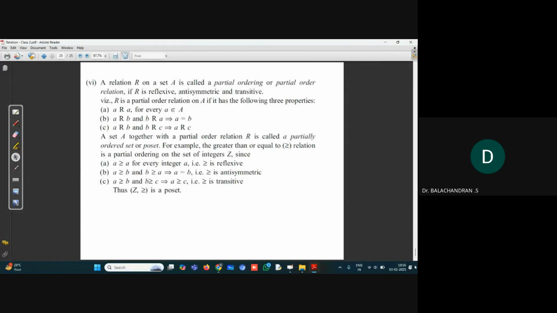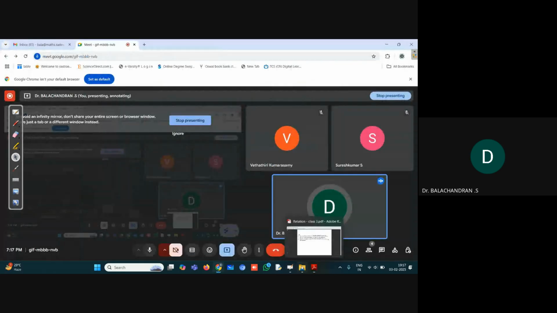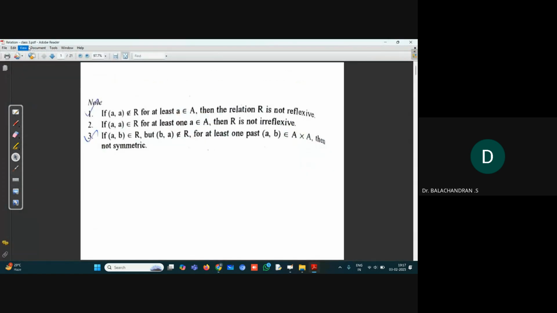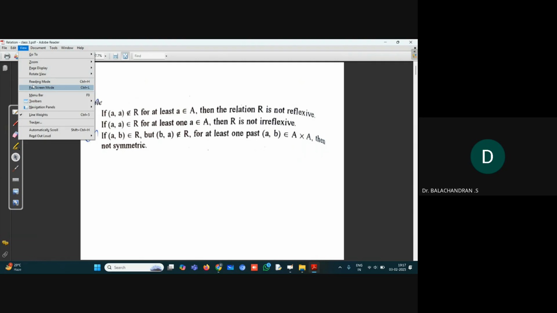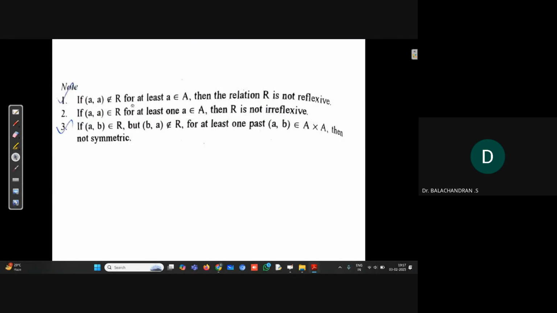I think this is the last slide from the last class we discussed. Here in this note, I told you that if (a, a) is not in R for at least one a belonging to capital A, then the relation R is not reflexive.